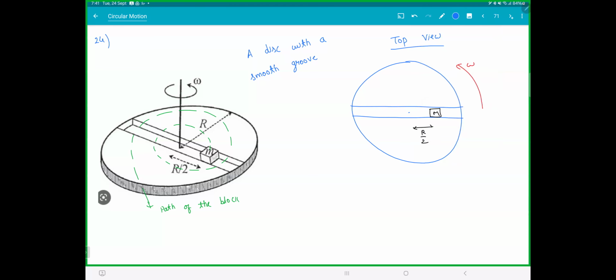Find the speed of the block when it comes out of the groove. Initially it is r/2. Omega is constant. You are rotating the disk with a constant omega.